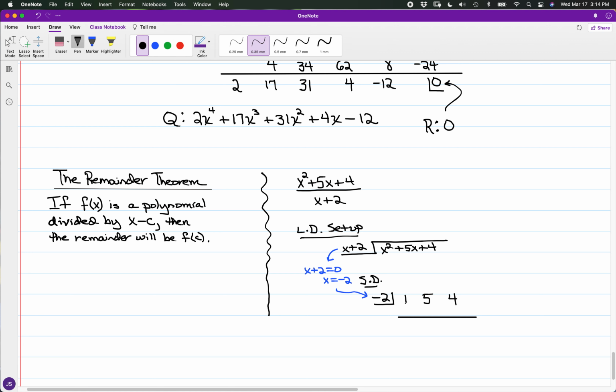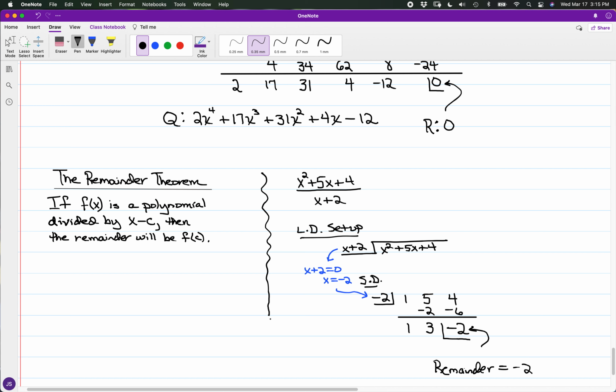The leading coefficient 1 is going to be brought down. Negative 2 times 1 is negative 2. 5 plus negative 2 is 3. Negative 2 times 3 is negative 6. And 4 plus negative 6 is going to be negative 2. So the remainder is equal to negative 2.